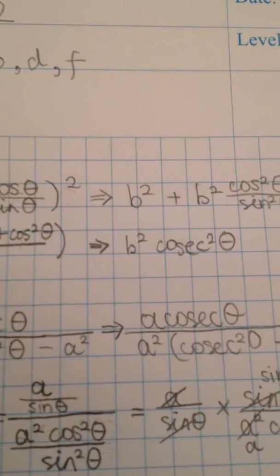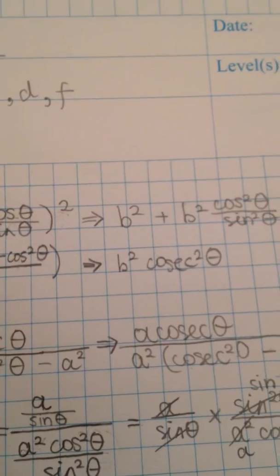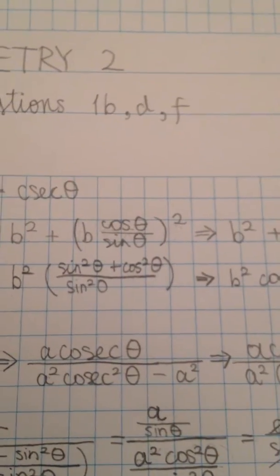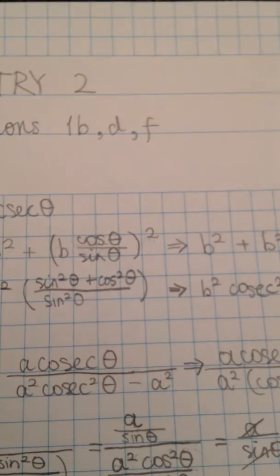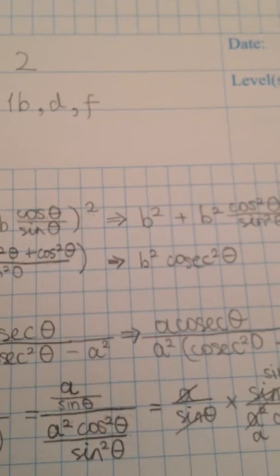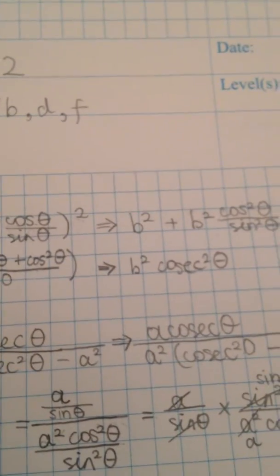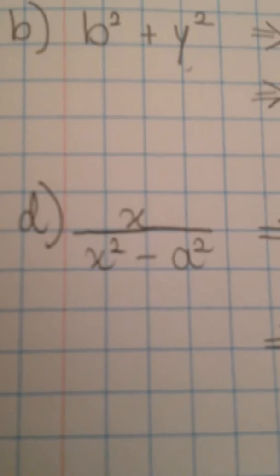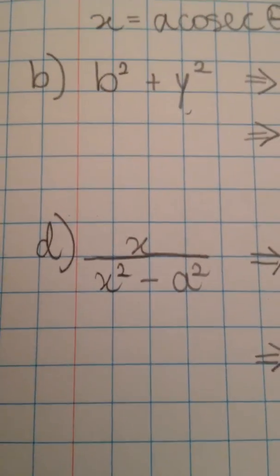And then the final one that you get out of that is b squared cosecant squared theta, because you have the sine squared theta plus cos squared theta over sine squared theta equaling cosecant squared theta.